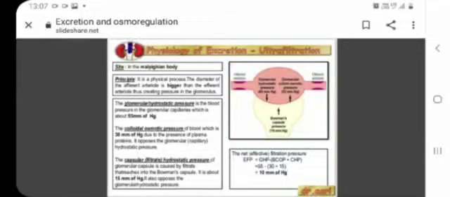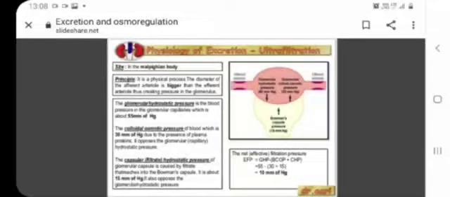The capsular hydrostatic pressure of the glomerular capsule is caused by filtrate that reaches into the Bowman's capsule, and it is about 15 millimeters of mercury, as opposed to the glomerular hydrostatic pressure.